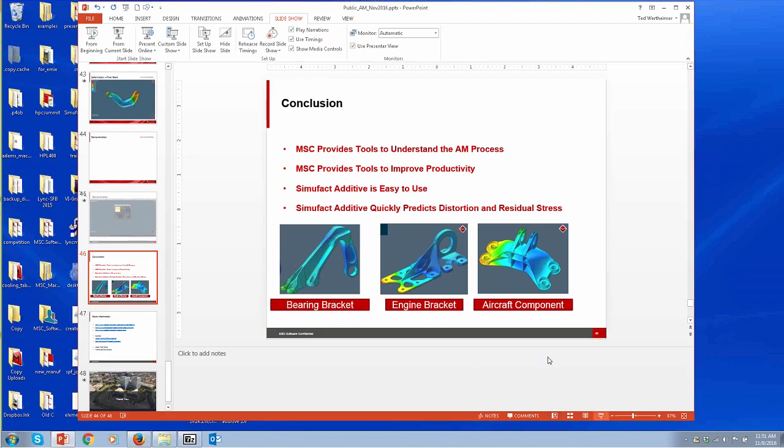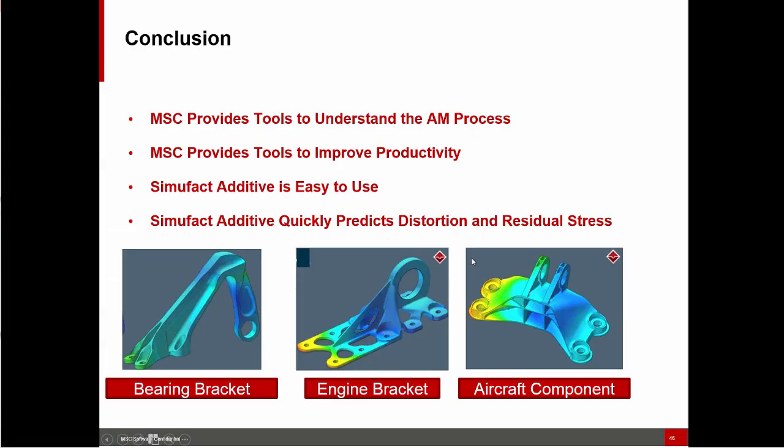In conclusion, MSC is providing you with tools to simulate the additive manufacturing process. And these tools can be used to improve your productivity. Simufact Additive, a new product that will be released this month, is easy to use, and it can be used to quickly predict distortions and residual stresses in your model.